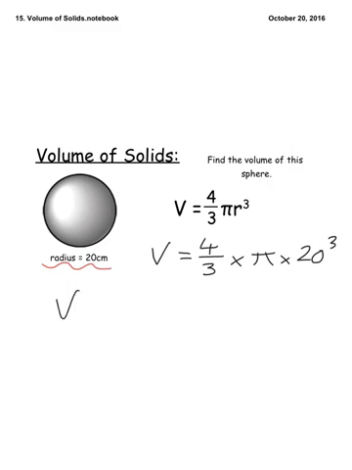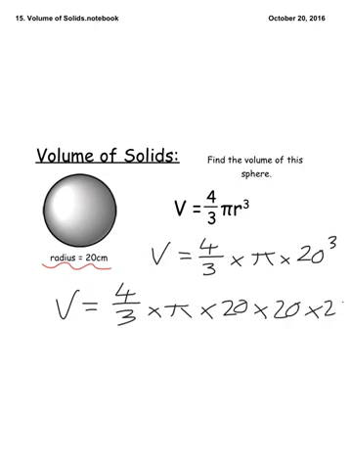If we were to write this out more fully, we would put in volume is equal to 4/3 times pi times 20 times 20 times 20. That's the equivalent of 20 cubed. Again, if you've got a cubed button on your calculator, there's no need to put this extra step in. But if you need to, it's perfectly okay to put that extra step in.